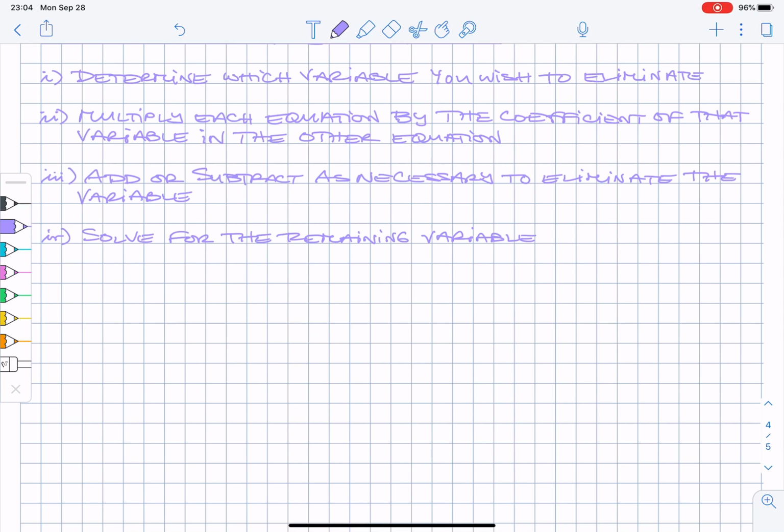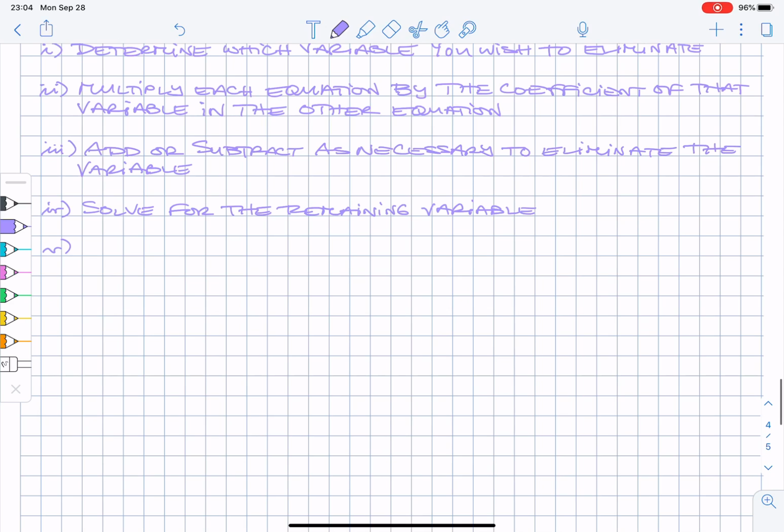Okay, so step 5 is to either back substitute or repeat the above to find the other variable.